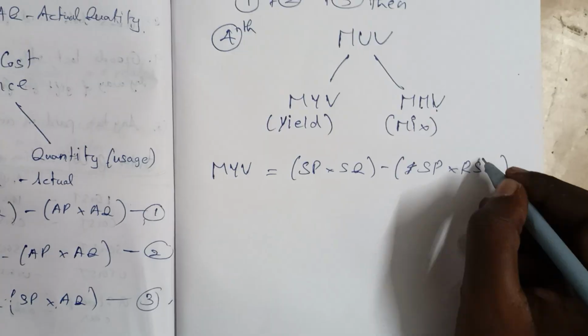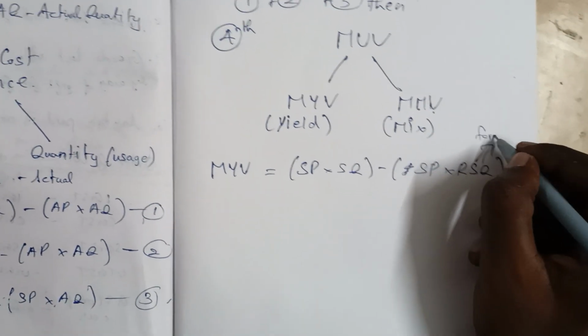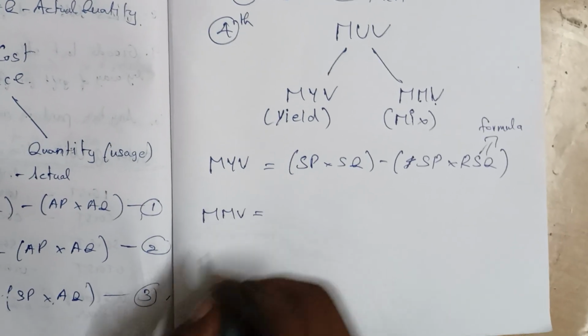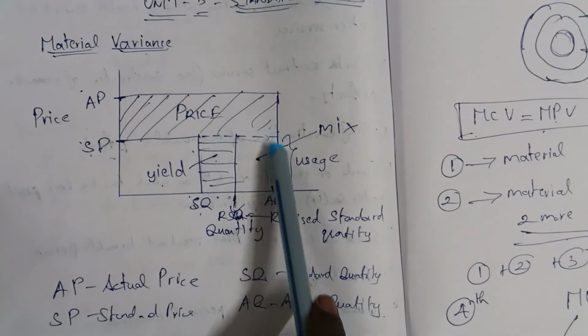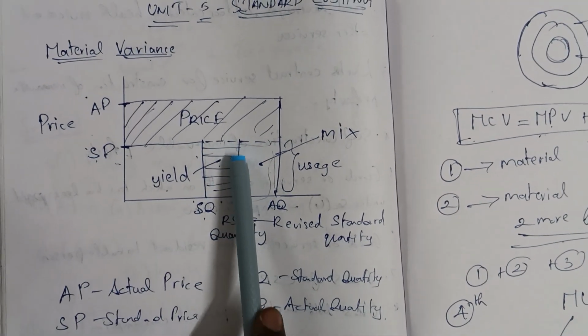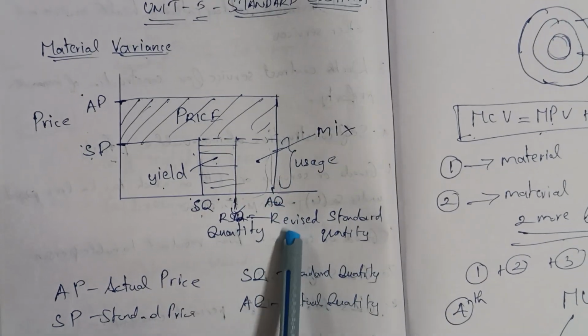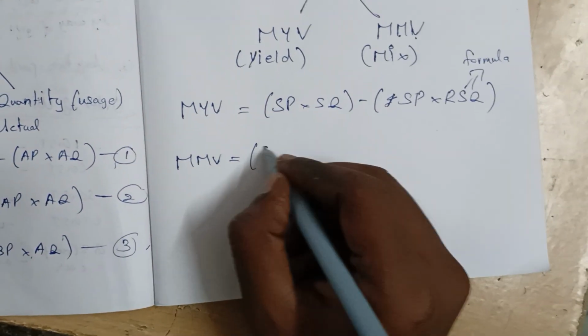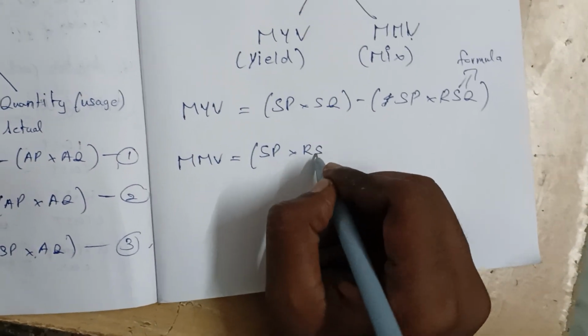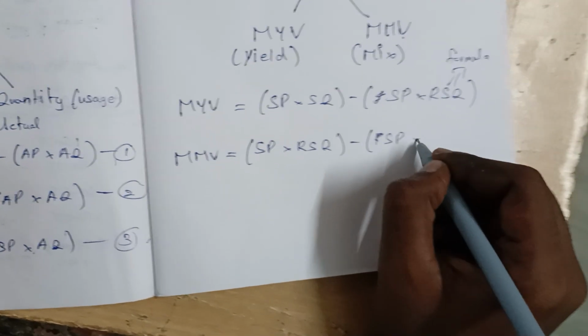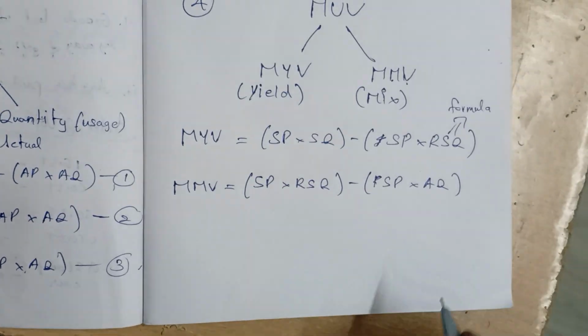The revised standard quantity has a formula. I'll tell you as soon as I know this. Then material mix variance, okay, let's go back to this graph. This is the mixed part. So standard price into revised standard quantity minus standard price into actual quantity.